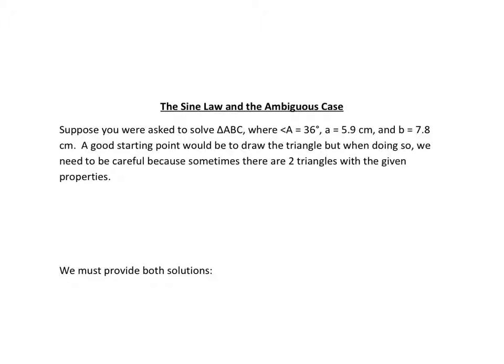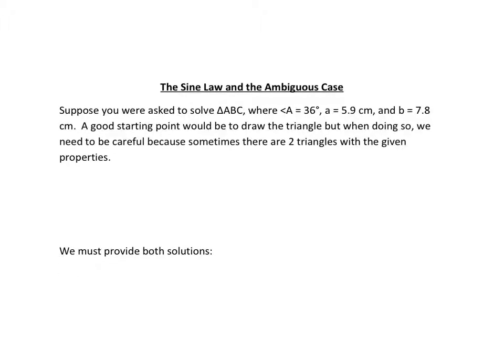Now, of course, a good starting point would always be to draw the triangle, but the thing is, there are two ways I could draw this triangle. Okay, so I could draw this as sort of an acute triangle. So I could say this is triangle ACB.